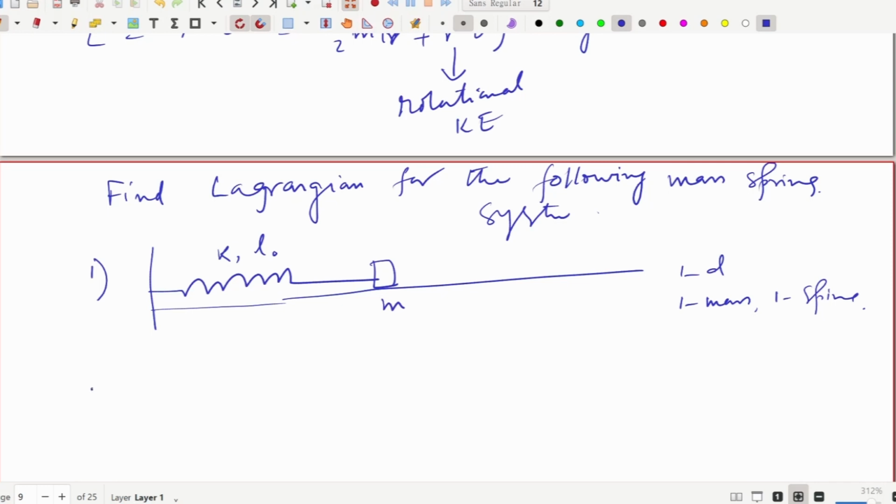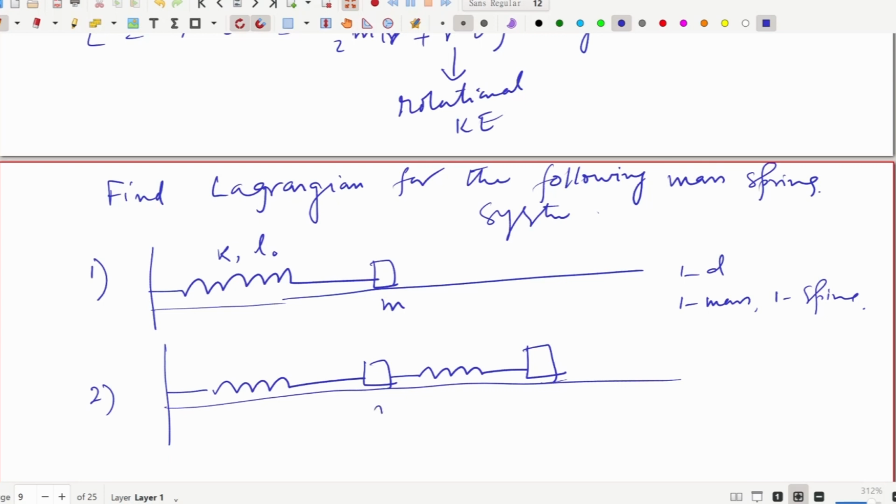This is a very simple problem, and then it is generalized to the problem that you have two masses and two springs: m1, m2, spring constants k1, k2, rest lengths L1 and L2. There are infinitely many such mass spring systems you can have, and you can find the solution for them.